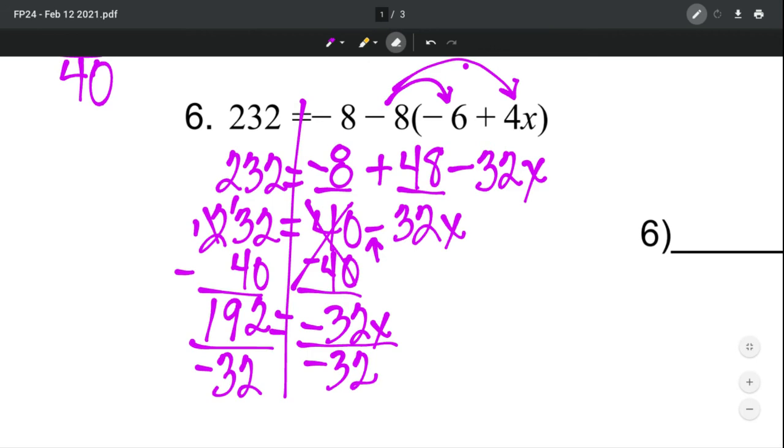So that's like around 30, and that's like around 200. How many times does 30 go into 200? 30, 60, 90, 120, 150. 6 times 3 could be close.